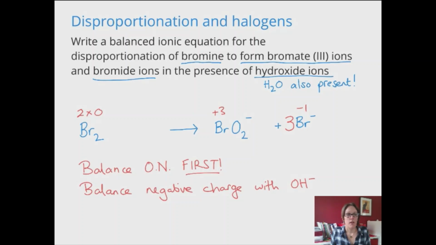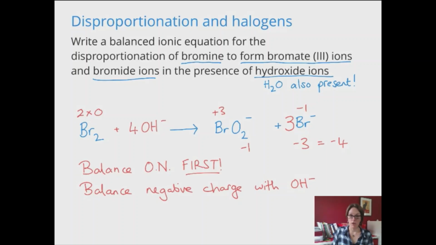So I've got negative charges on the right hand side and no negative charges on the left. In total, I've got a -1 from the bromate, and I've got 3 lots of -1 from my 3 bromides. So I've got 4 negative charges on the right. So I'm going to need 4 hydroxide ions on the left.